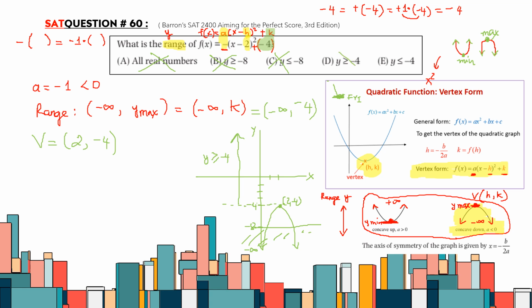So greater than, no. Less than is from here down, so y less than or equal to -4, yes. So E is the right answer.